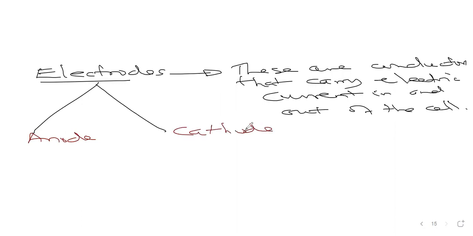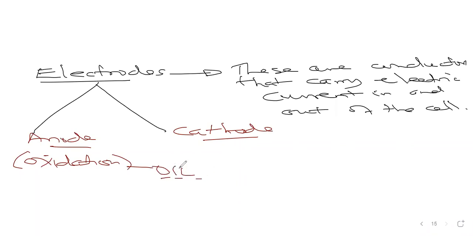These are not new to us. What's the anode? At the anode, oxidation occurs. And you know what oxidation is? Oxidation is loss of electrons. I normally use OIL to remember it.